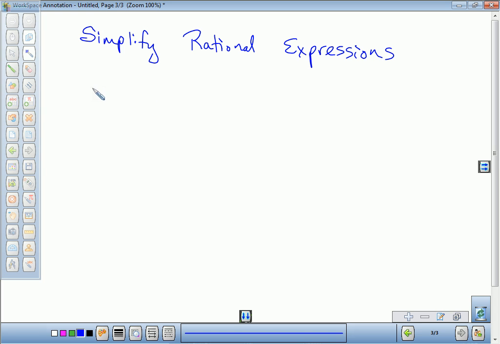So, I'm just going to jump right into examples because that is the best way to teach this type of lesson. So if we had 18x to the 6th over 27x to the 4th, what we kind of do in this case is we're reducing, or we can think about pulling out a common factor. I would like to think of it as reducing.